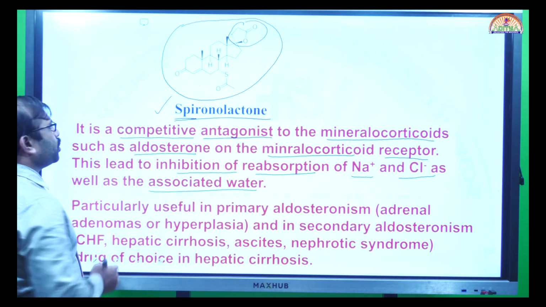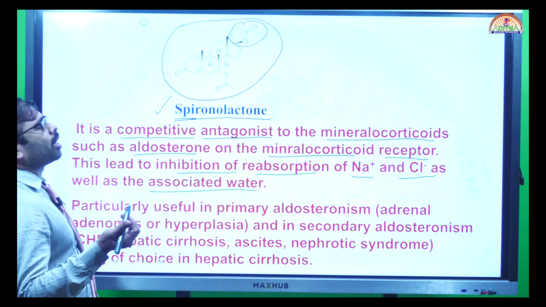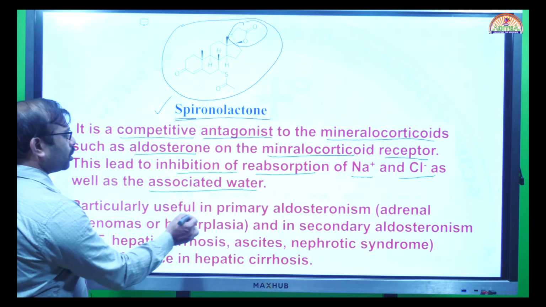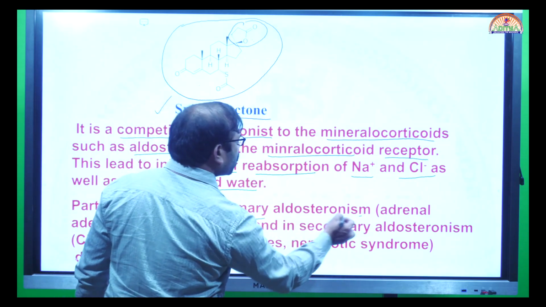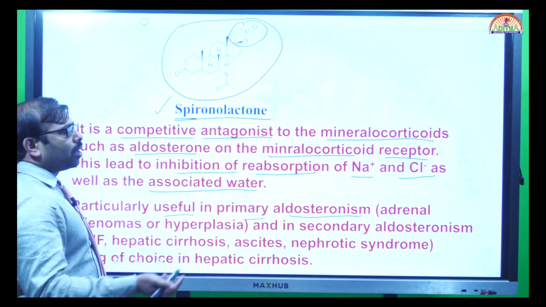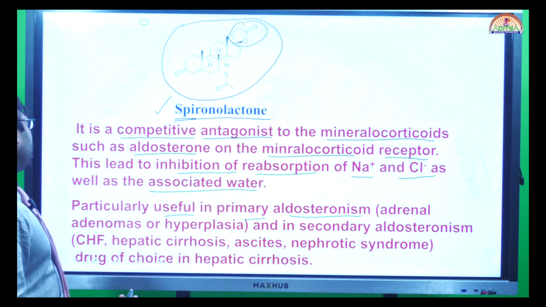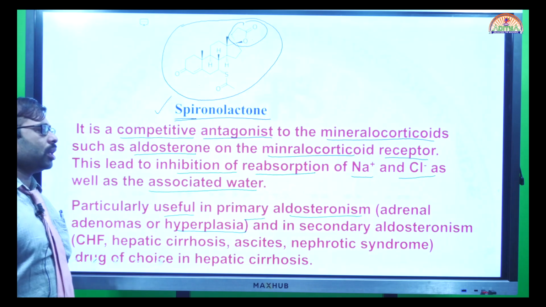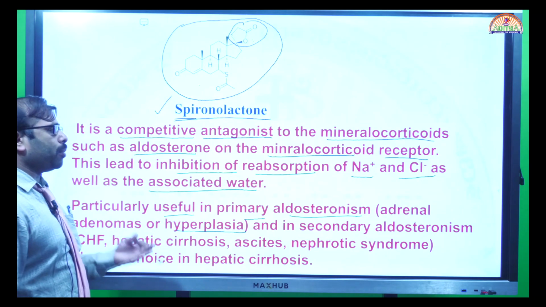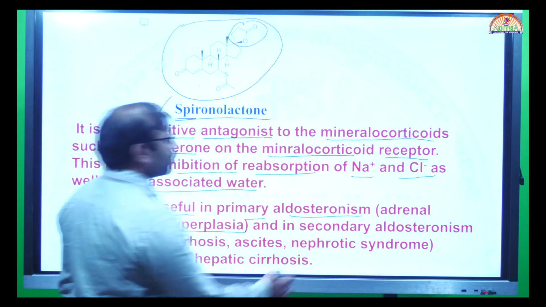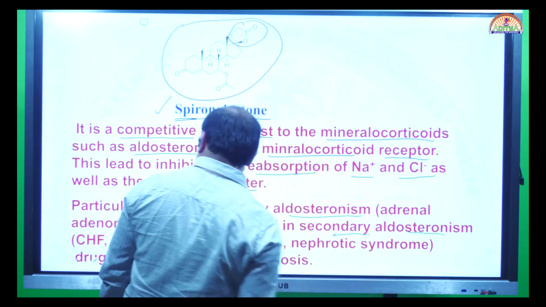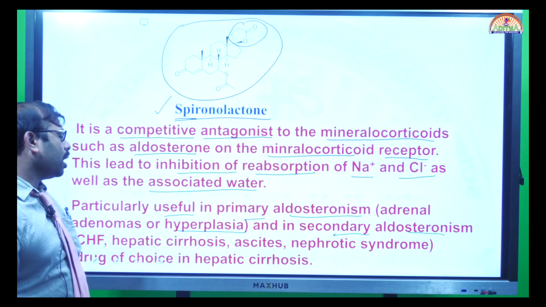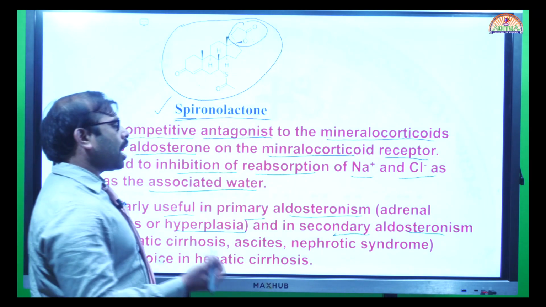Particularly, aldosterone antagonists like spironolactone are useful in primary aldosteronism. There are two types. Primary aldosteronism occurs with adrenal adenomas or hyperplasia. In secondary aldosteronism, they are very useful in cases like congestive heart failure (CHF), cirrhosis, ascites and nephrotic syndrome.